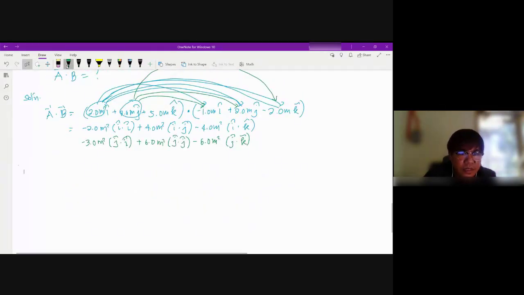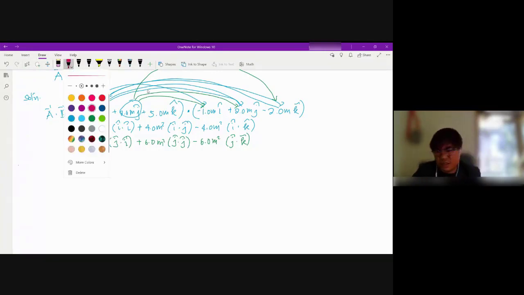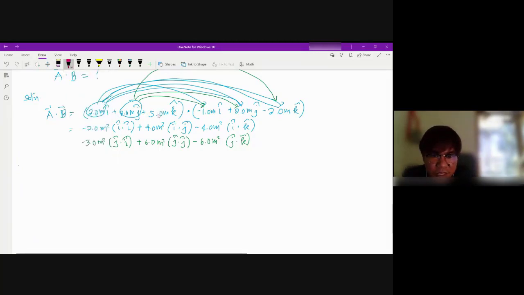So now I'll use a different color. Okay, the last one would be this one, I will distribute it. So you have 5 times negative 1, that would be negative 5 m squared, and then k hat dot i hat.